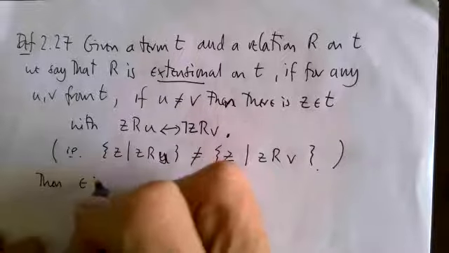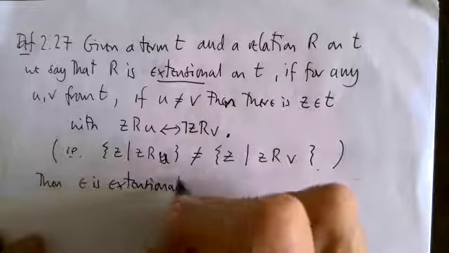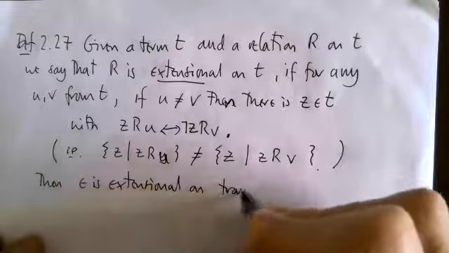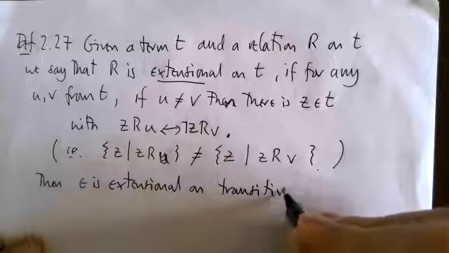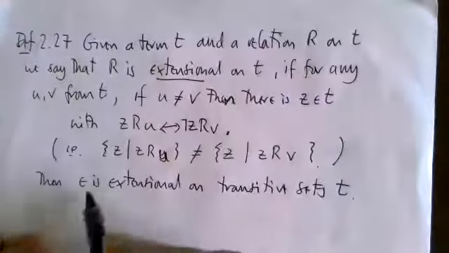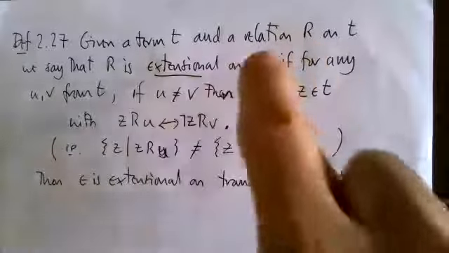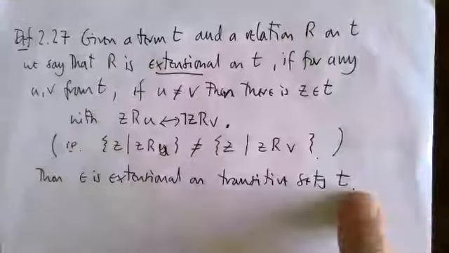So epsilon is extensional on transitive sets. So epsilon as a relation is extensional on transitive T. Right?